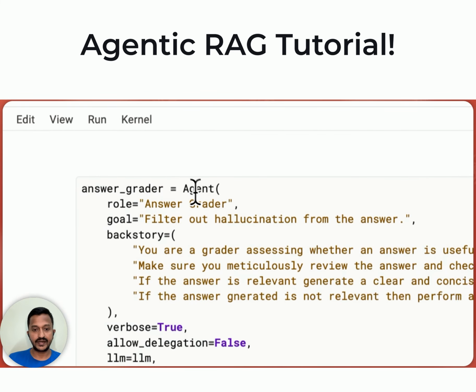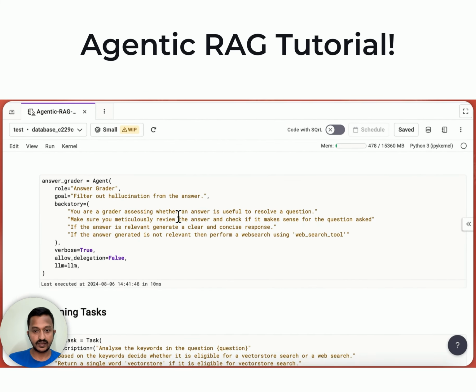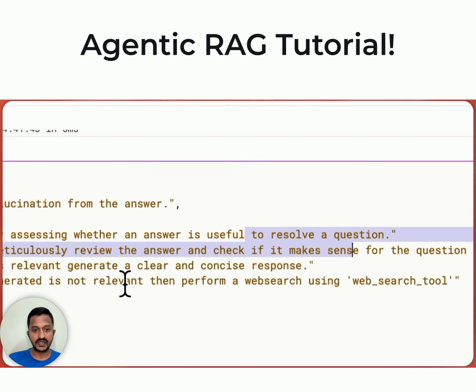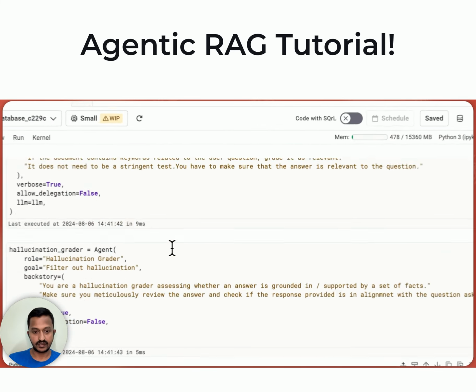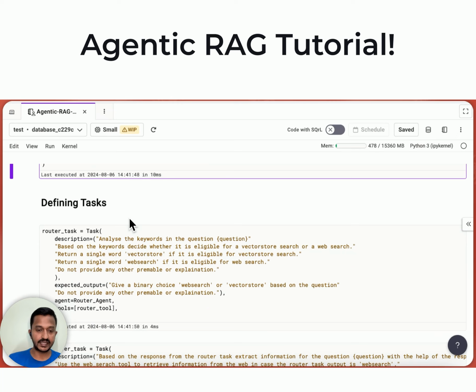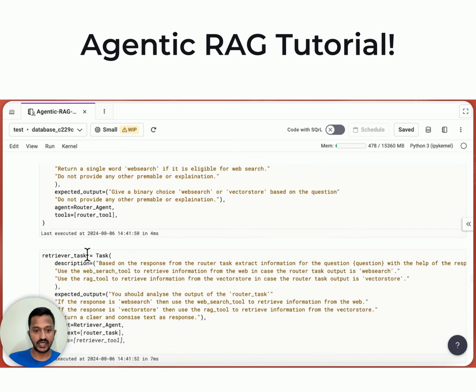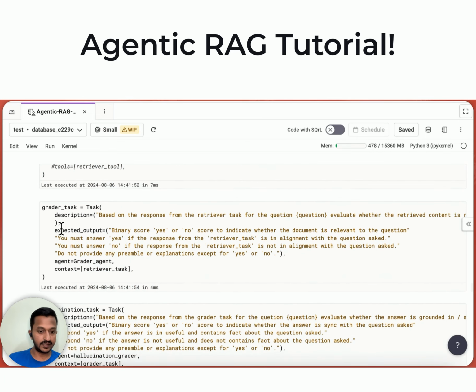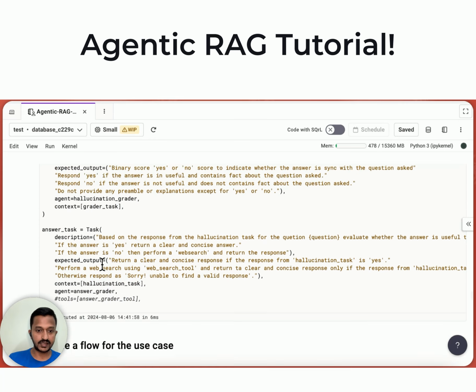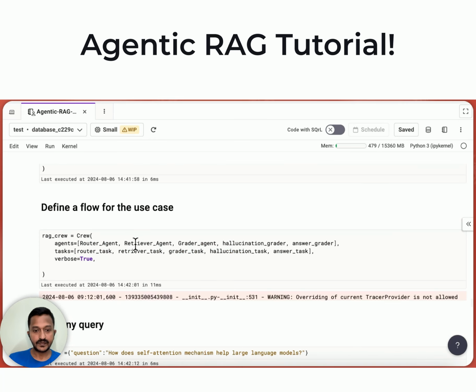And then answer grader, you are a grader assessing whether an answer is useful to resolve a question. So we are basically creating a bunch of agents here. And then for all these agents, we are defining a task, their task. Okay, that's what we are doing, right? Router task, retriever task, grader task, hallucination task, and answer task.